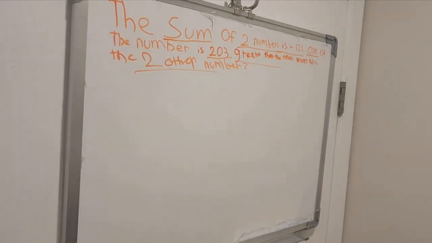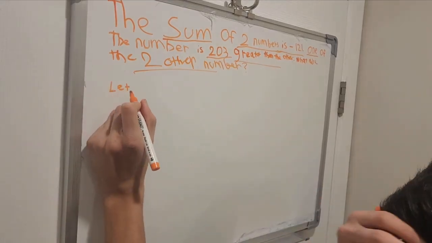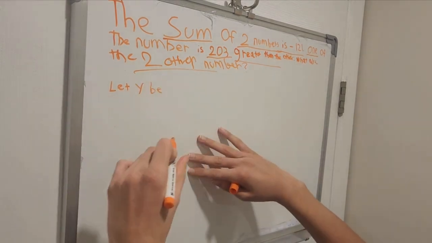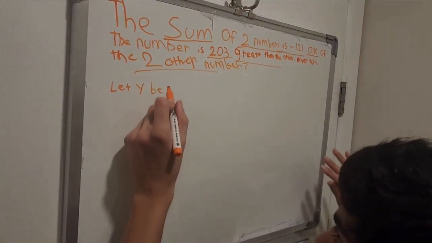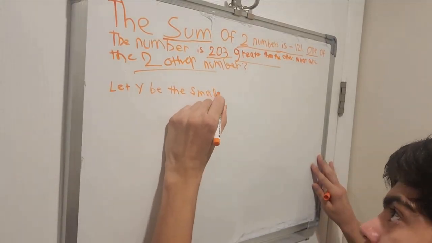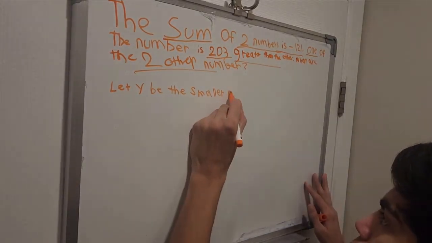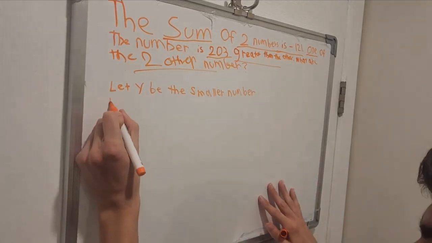Now the second thing is to do what we did the first time. Let x be the smaller number.